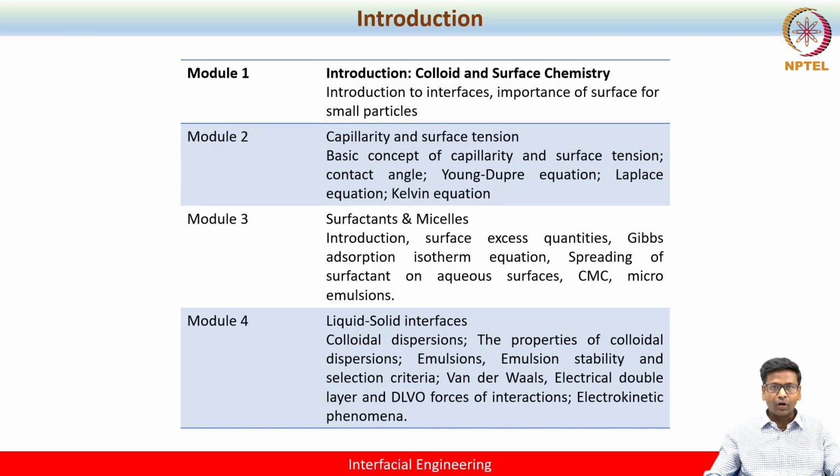Then we'll move on to module three. In module three, we will mainly look at surfactants and micelles. We also call micelles association colloids, because micelles are nothing but aggregations of surfactants. They generally exist as they self-assemble to form micelles.